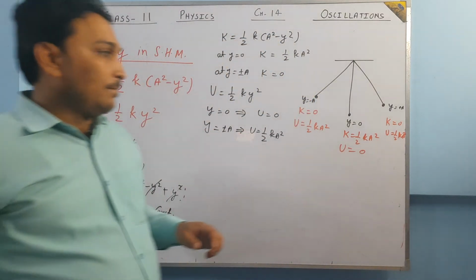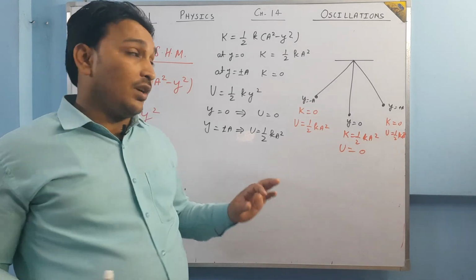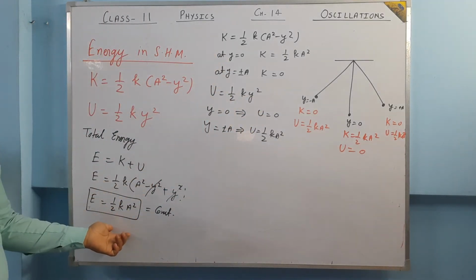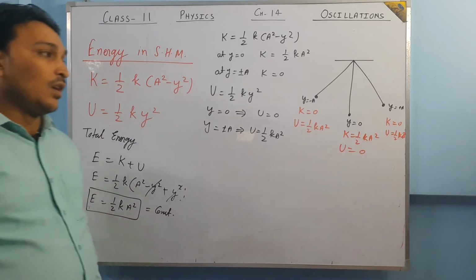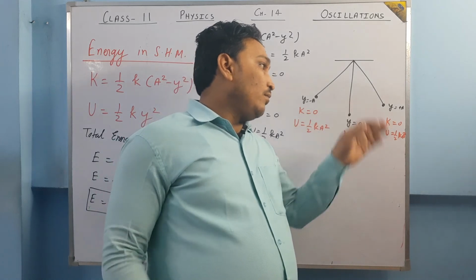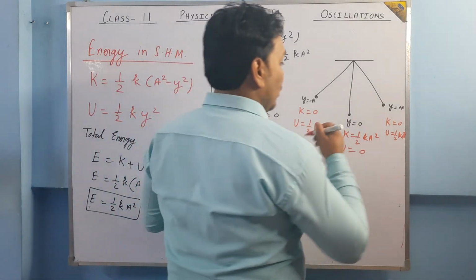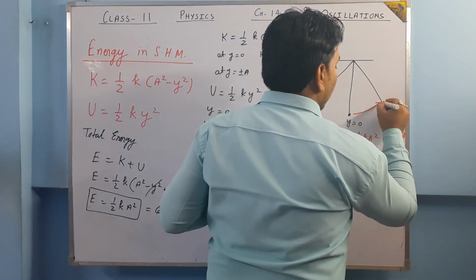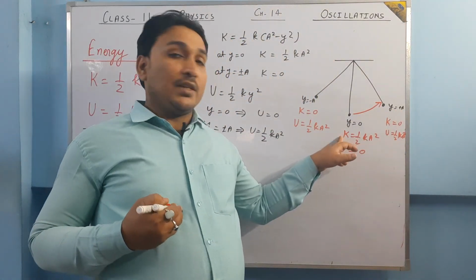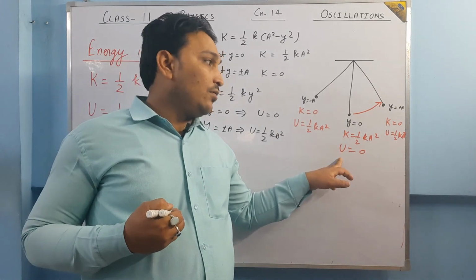One more very important thing: the sum of these two energies at any point of time is equal to half k a square. This is also important. Let's see what is happening. When the pendulum is going from the mean position to the extreme position, here kinetic energy is maximum and potential energy is 0.